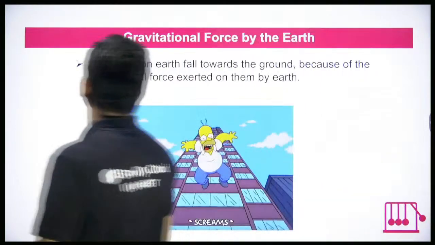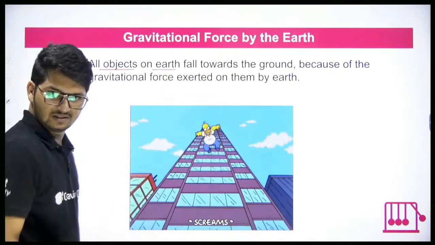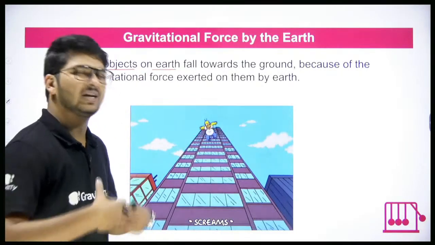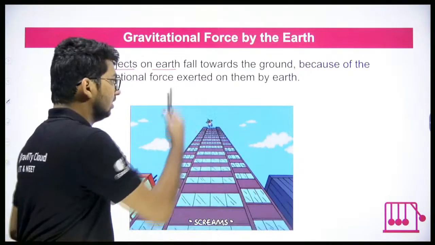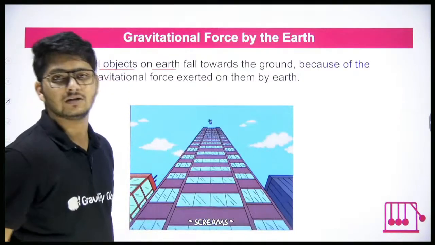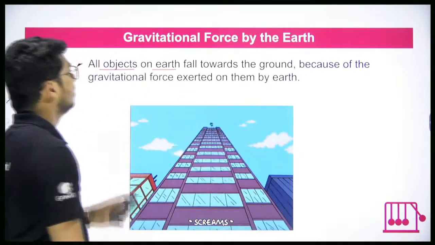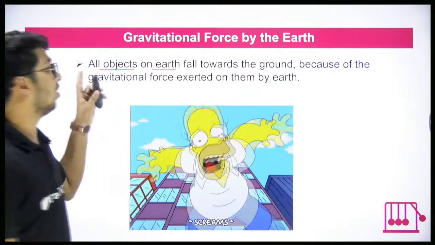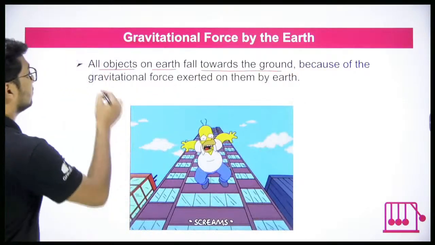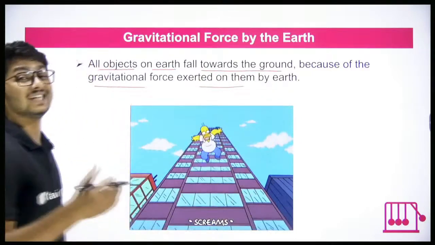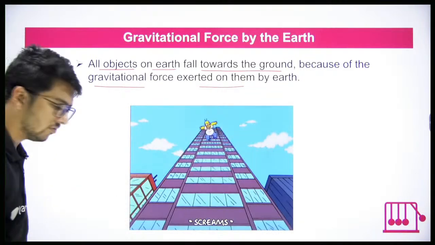And what do we know? All objects on earth. When I say all objects, it could be us, it could be this pen, this remote, this TV, it could be anything. The wall, buildings, animals, birds, anything. All objects on earth fall towards the ground because of the gravitational force exerted on them by earth. Earth applies the gravitational force on them.